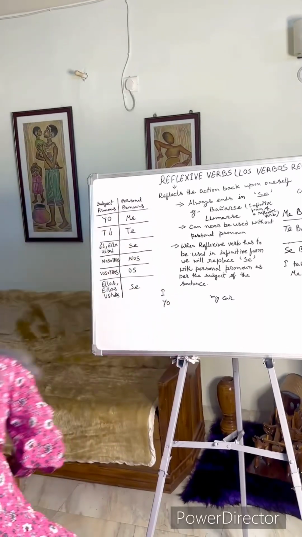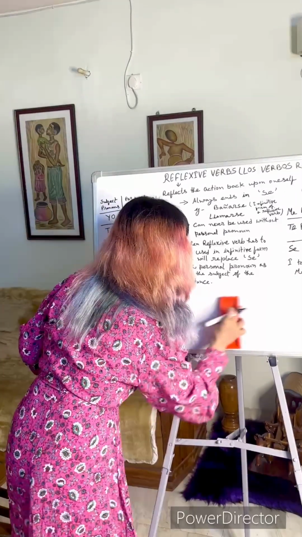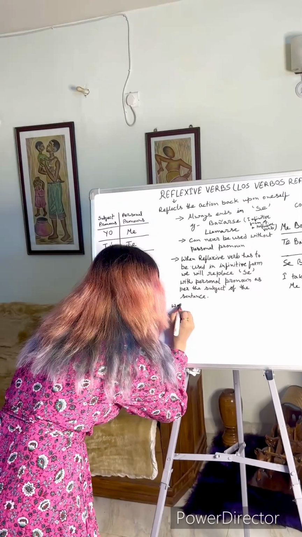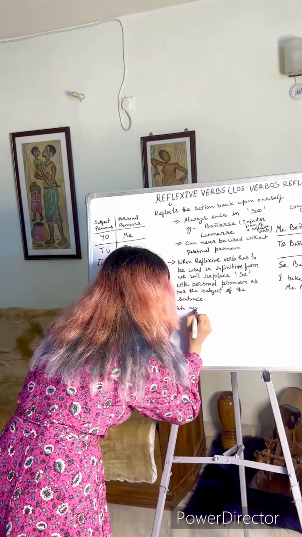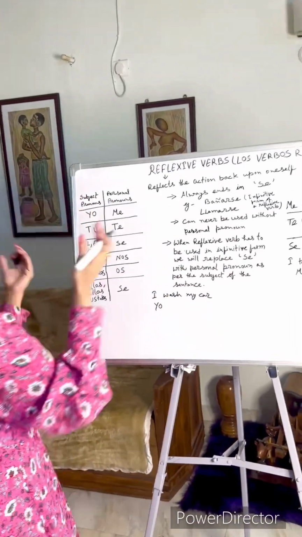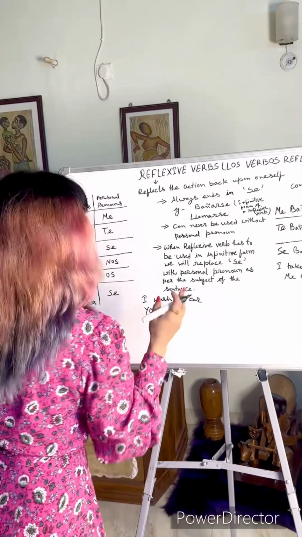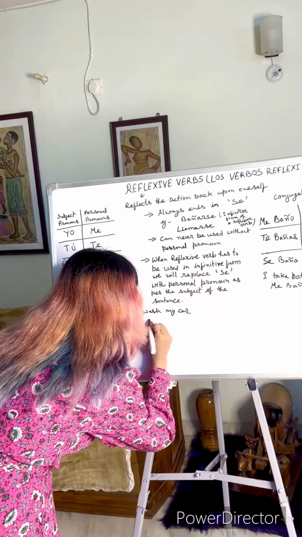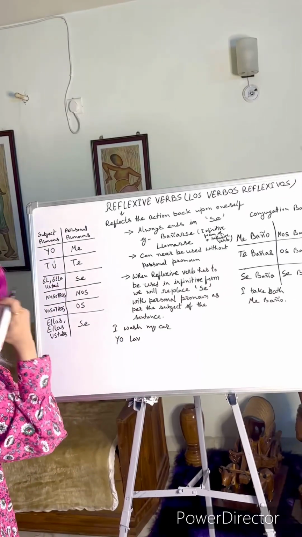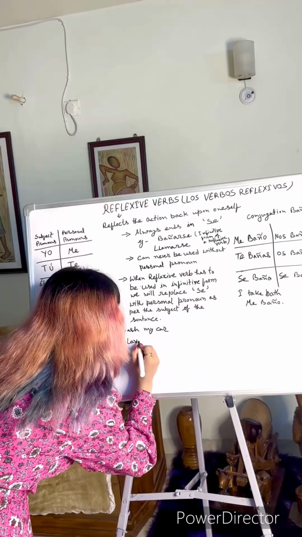So, I wash my car. To wash is lavar. So yo lavo, the yo form of lavar. Lavar is an AR ending regular verb. The yo form of lavar would be yo lavo.